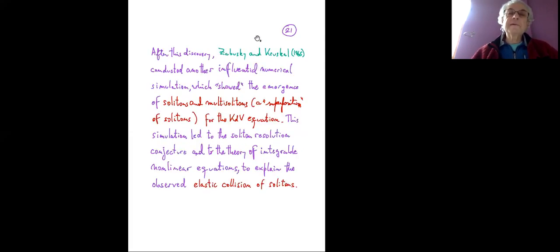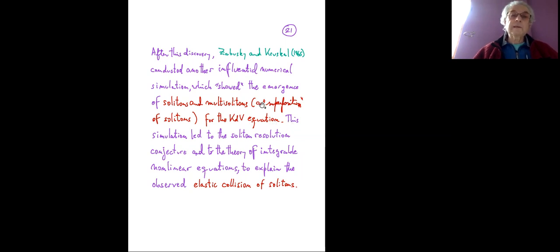After this discovery of Kruskal, Zabusky and Kruskal conducted another very influential numerical simulation, which showed the emergence of solitons and multisolitons, which are these coherent structures, superpositions of solitons, for the KdV equation.